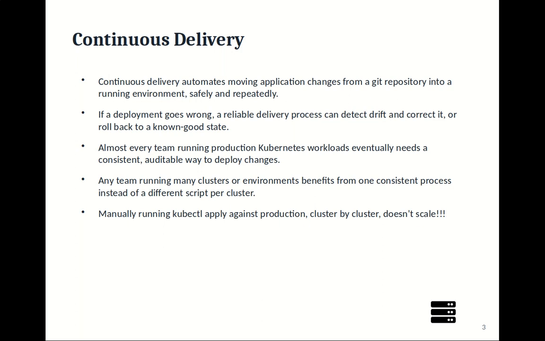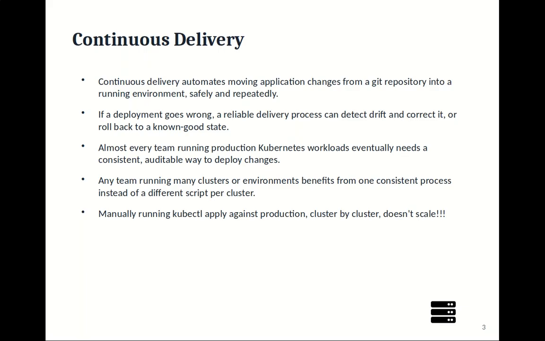Continuous delivery. Continuous delivery automates moving application changes from a Git repository into a running environment safely and repeatedly. If a deployment goes wrong, a reliable delivery process can detect drift and correct it, or roll back to a known good state.